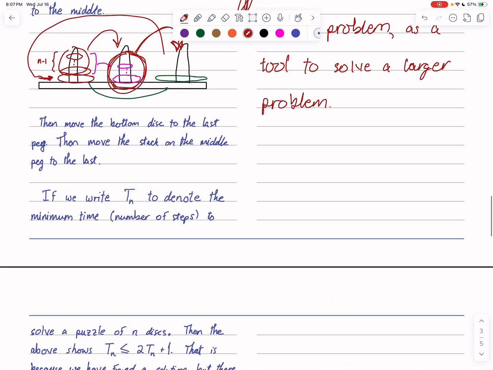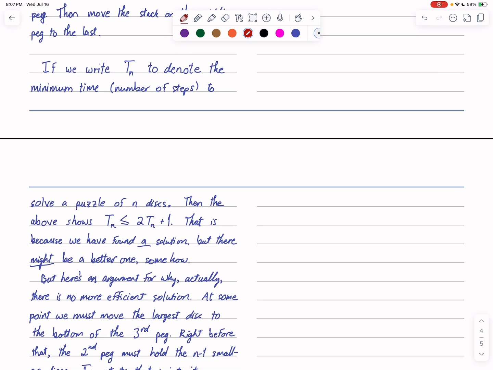So now let's talk about the time, right? We have a strategy for how to move the disks over from the 1st peg to the 3rd peg when there are n disks. But let's talk about the minimum number of steps, which is, after all, our concern here. The strategy that we just described is a way to solve the problem when we have n disks.